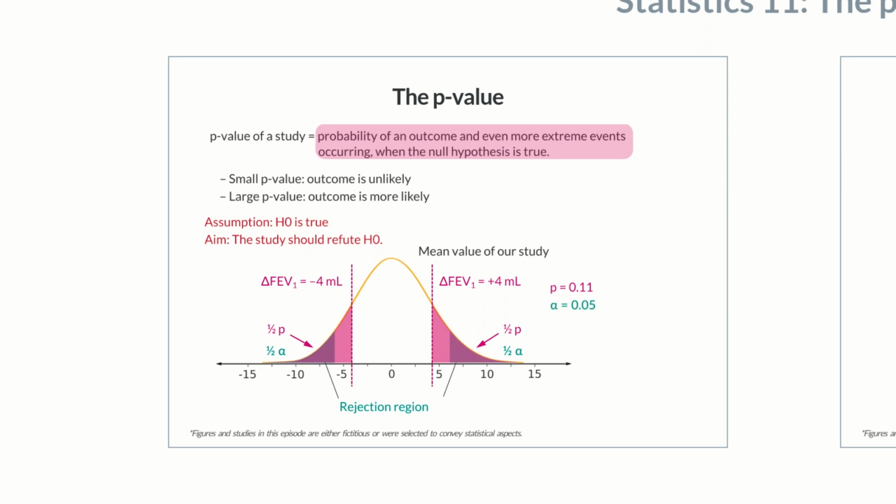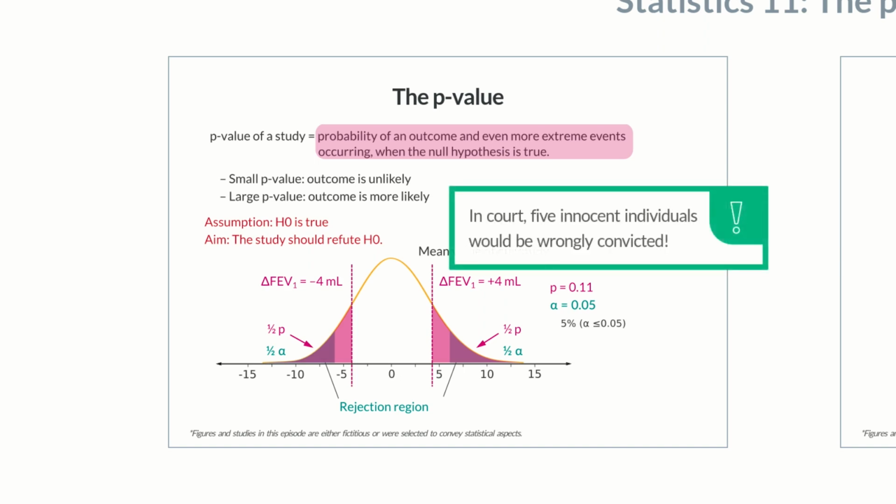This significance level means that the probability of falsely rejecting a correct null hypothesis is 5%, which is the probability of error. In court, the equivalent would be that 95 of 100 convicted individuals are indeed guilty, while 5 are actually innocent. In fact, it's debatable whether a probability of error of 0.05 would be adequate in this context.